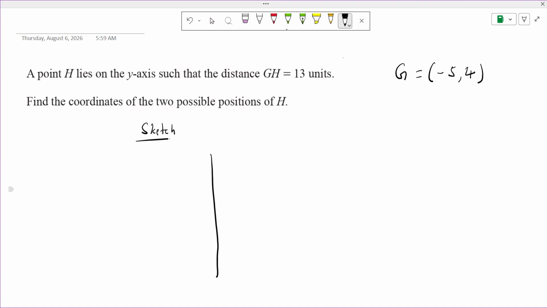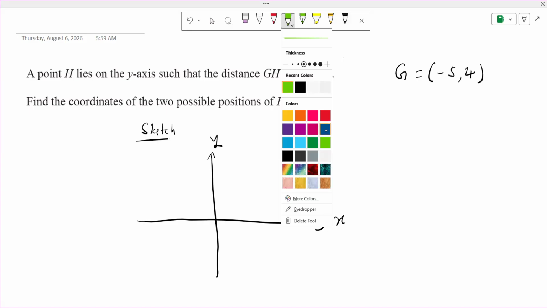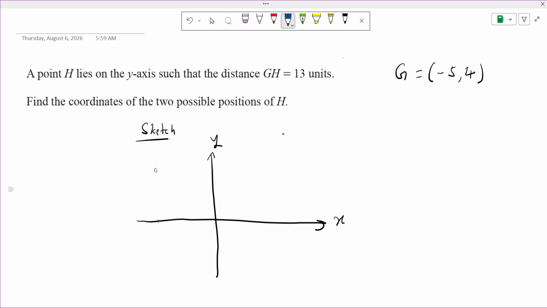We just draw a sketch of the Cartesian plane, y and x, and we can draw the point G here. G is -5 here, and 4 here.